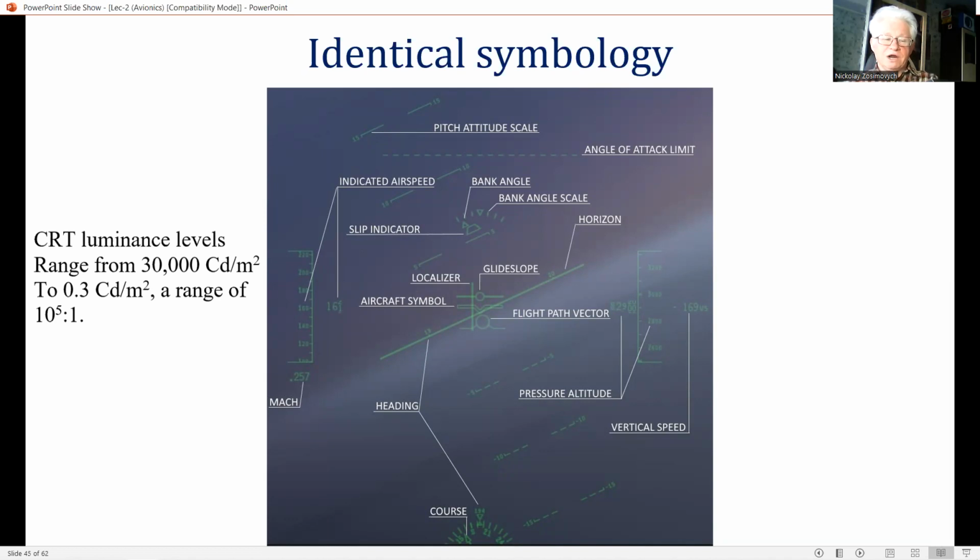The very wide range of ambient brightness levels over which a day and night mode HUD must operate is worthy of note. CRT luminance levels range from 30,000 candela per square meter to 0.3 candela per square meter, a range of 10 to the power 5 to 1.